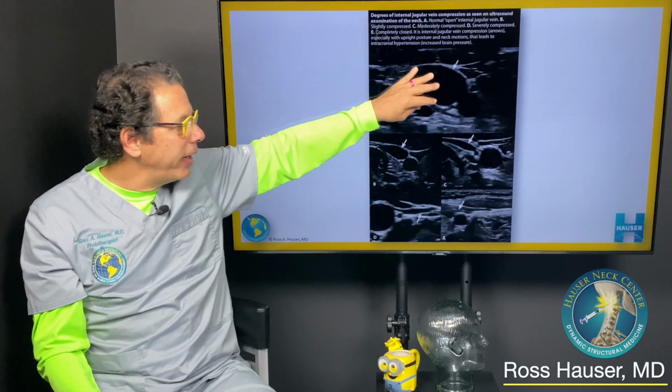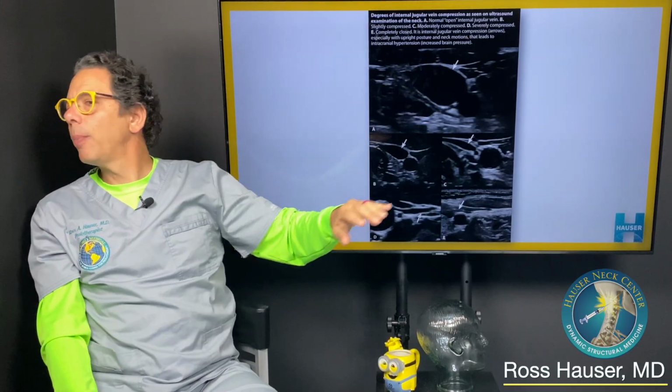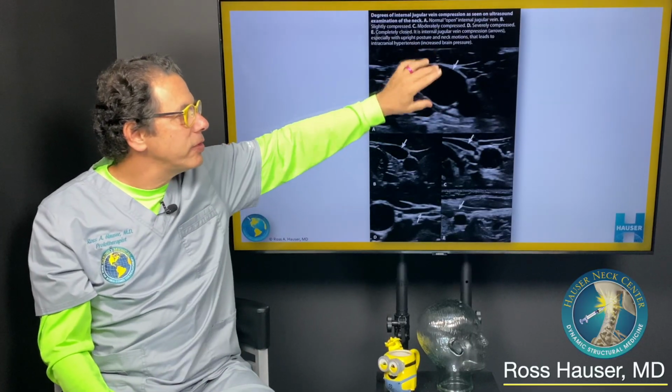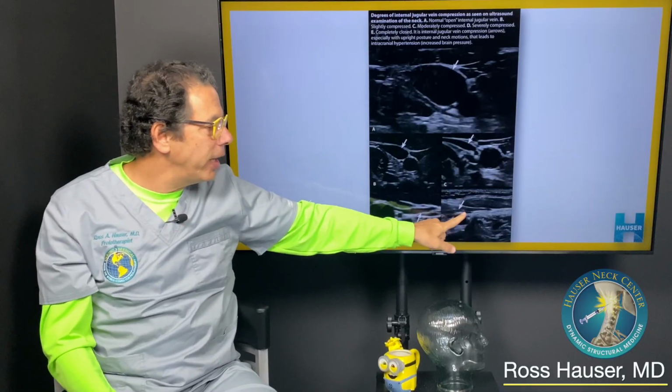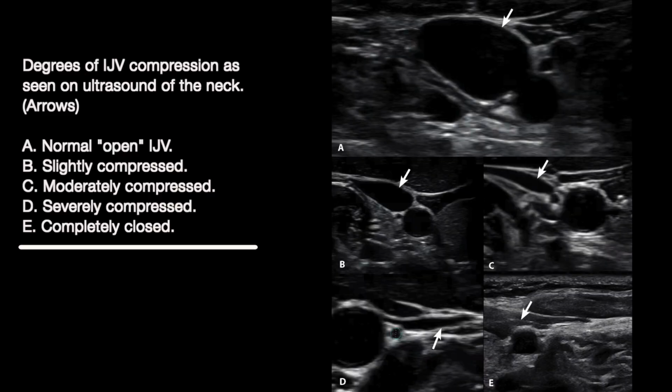And in the office, when we talk about jugular vein compression, we can put a person through various positions and look at whether the jugular vein is open. This is an open jugular vein, and you can see down here with a certain position, you can't even see it.